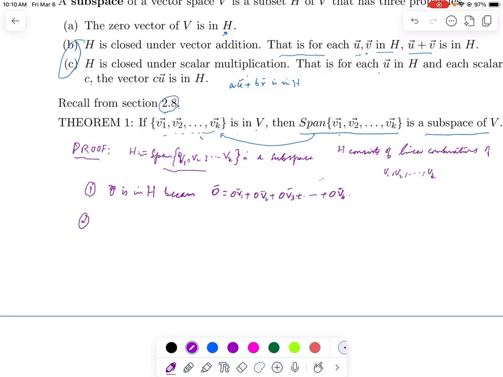Second, let vector v equal a1 v1 plus a2 v2 plus a3 v3 plus dot dot dot plus ak vk, and let u be equal to b1 v1 plus b2 v2 and so on. So this is another linear combination.